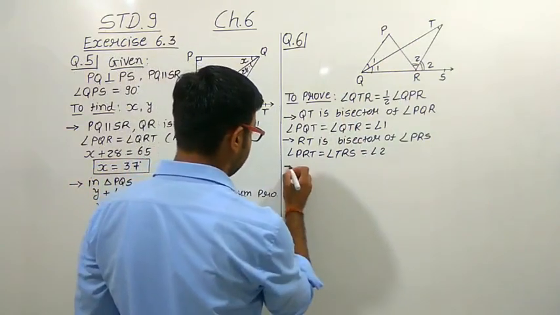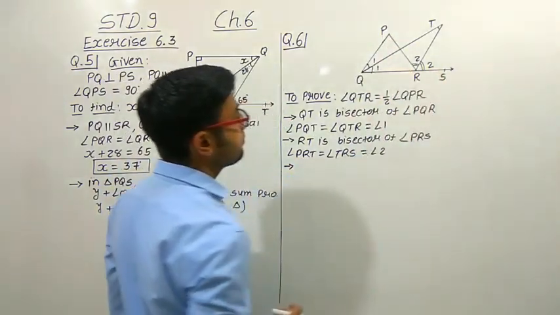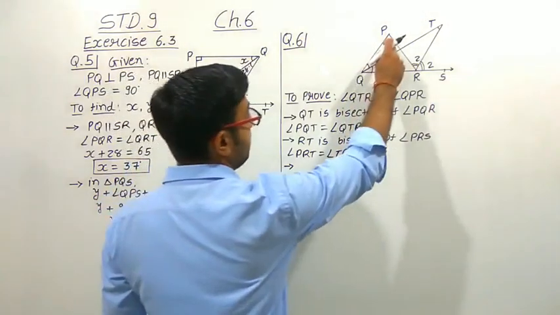Okay, now see, PRS is the exterior angle. Angle PRS is the exterior angle for triangle PQR.